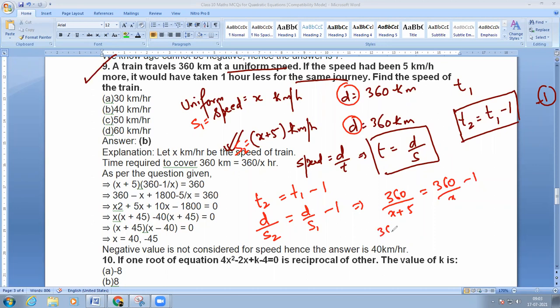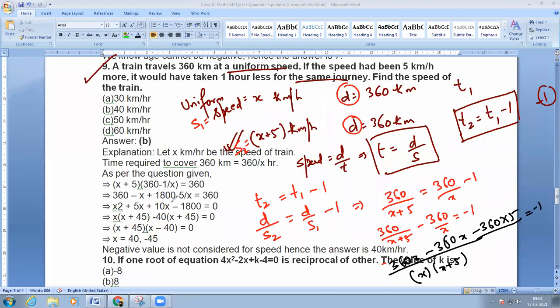Make the terms one side. 360 upon x plus 5 minus 360 upon x is equal to minus 1. Take the LCM. So we will solve on this side. When we take the LCM, we get x into x plus 5. So 360 into x minus 360 into x minus 360 into 5 is equal to minus 1.